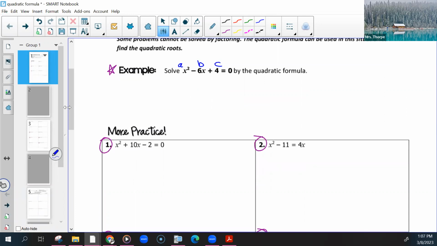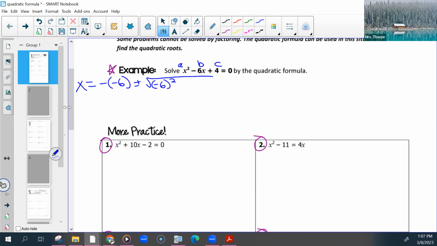Once we have them labeled, we're just gonna put everything into the formula. x equals negative b, but it's already negative, so put two negatives. Later, when we get into the hang of this, we can simplify some steps earlier on, but for now, we'll do everything. Plus or minus the square root of negative 6, b squared.